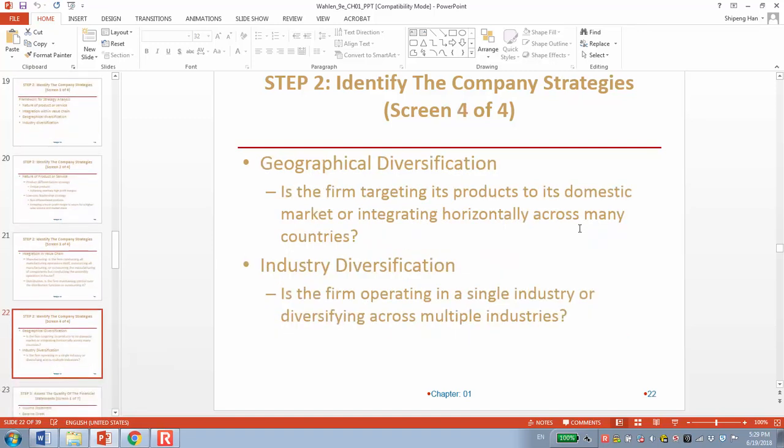The next one is geographic diversification. We see some companies just operate in the United States, and some companies operate all over the world. Just like the fast food restaurant McDonald's.